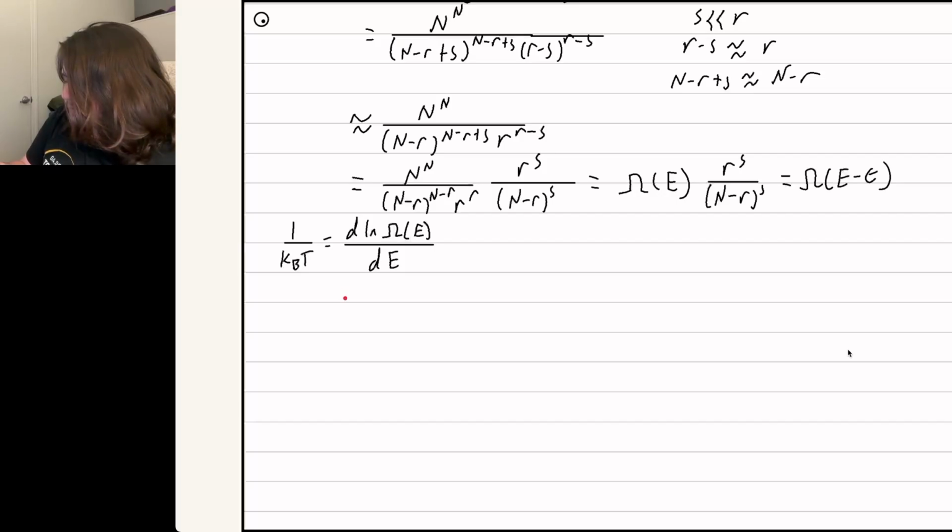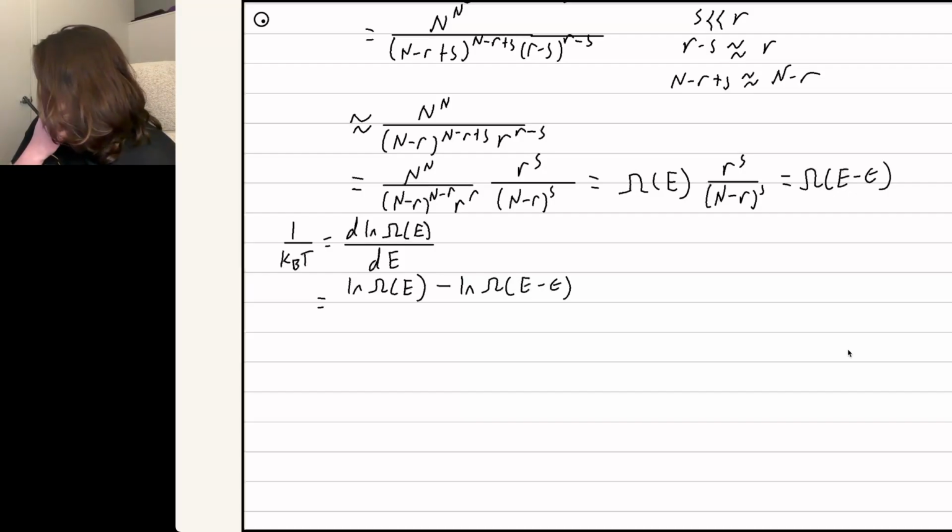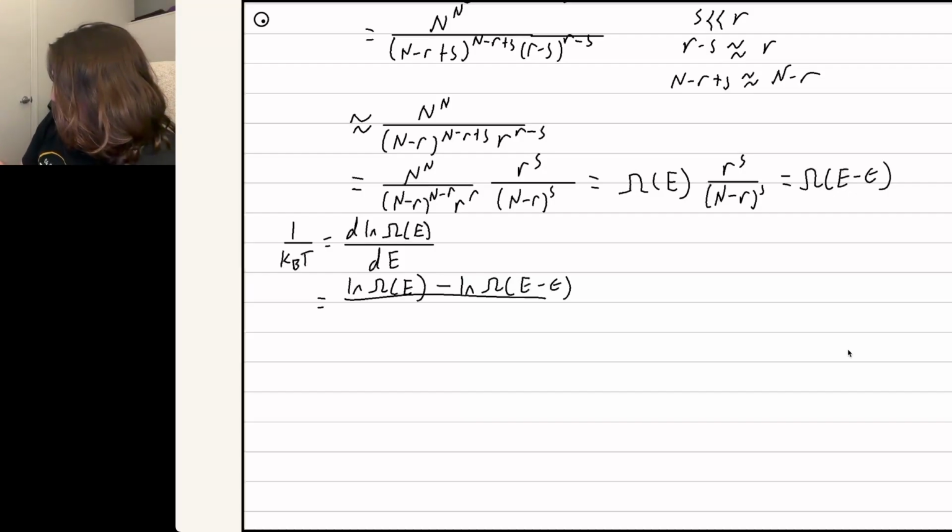So the change in natural logs is just the natural log of the initial state, ln omega e, minus the natural log of the new amount of arrangements, ln omega e minus epsilon. And then on the bottom, the change in energy: we had an E equal to delta R, and then the other energy was delta R minus delta S.